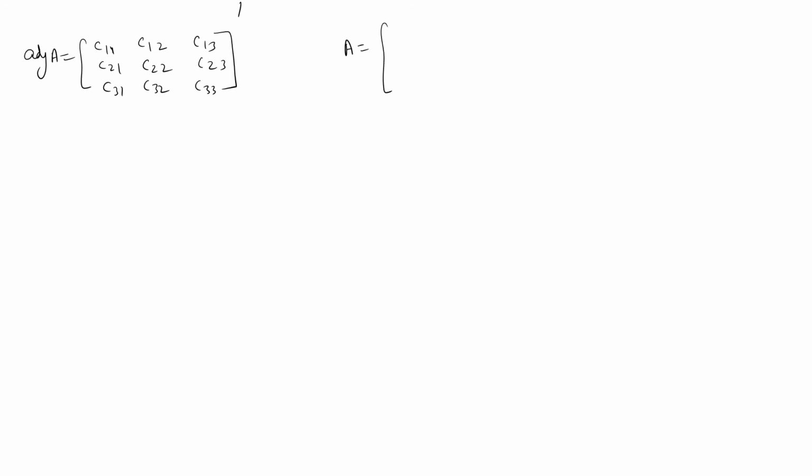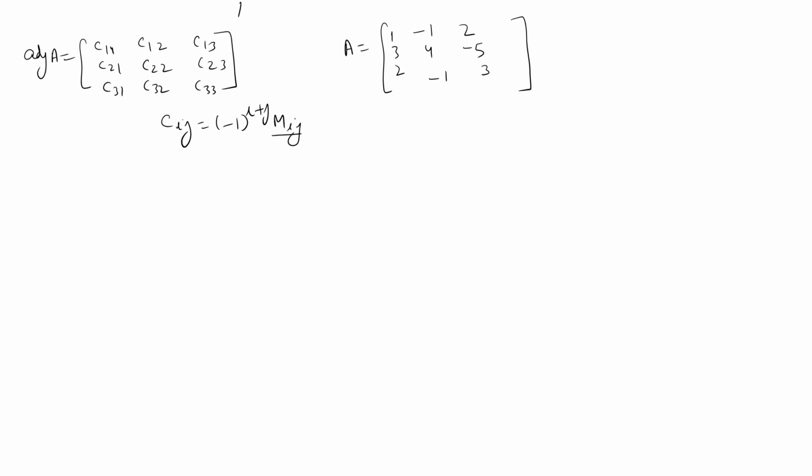So my matrix A was 1, 3, 2, minus 1, 4, minus 1 and 2, minus 5, 3. So we know that Cij is minus 1 raised to power i plus j Mij. Mij is the minor, and for a 3 cross 3 matrix, the minor will be of order 2 cross 2.